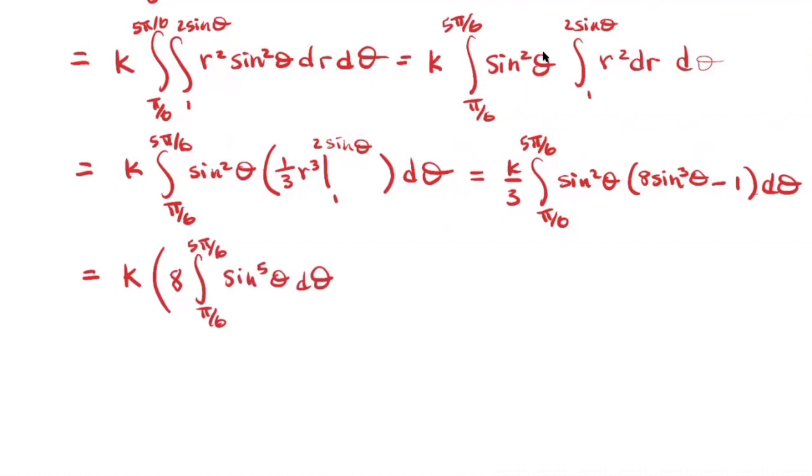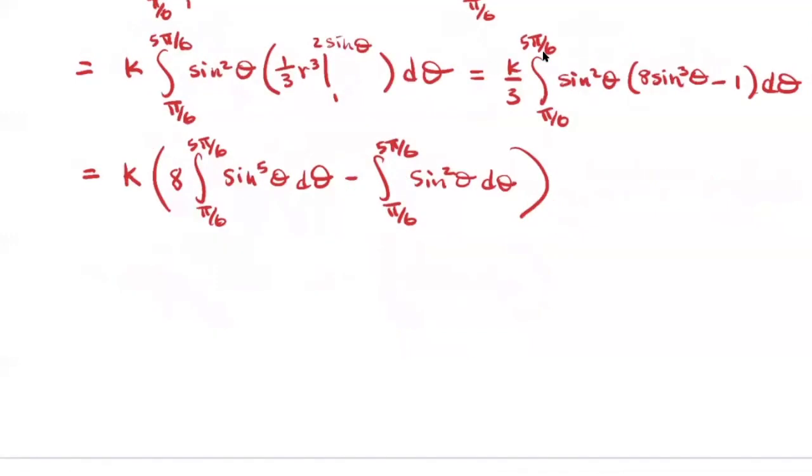And then we've got to deal with the sine squared also, so that would be minus the integral from pi over 6 to 5 pi over 6 of sine squared theta. Totally different methods to deal with these two. Any questions?